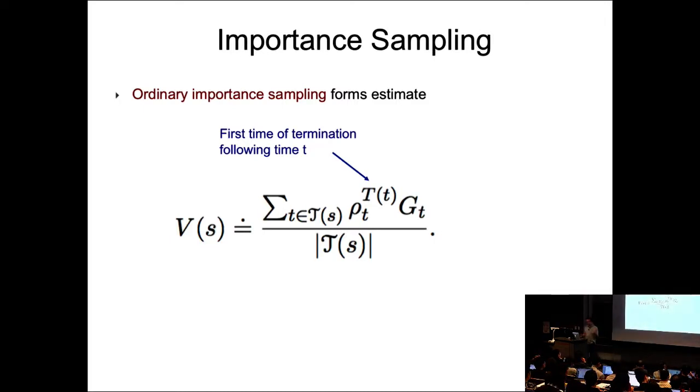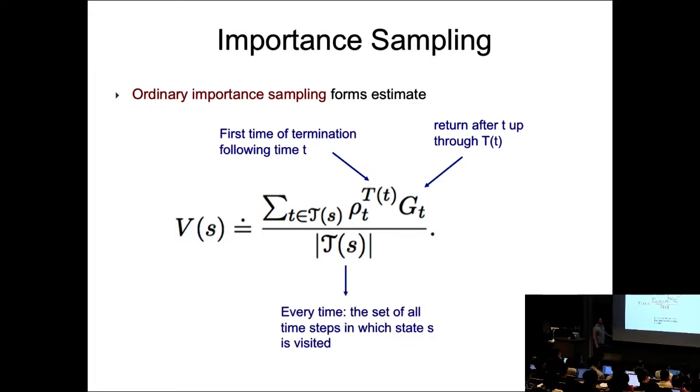And I'll show you what I mean by T sub S. The capital T here is the first time of termination following time t. You start at time t, at a particular state S, and you go up to capital T when the episode ends. The return after t, up to or through time T, is how much reward you're getting as you're executing that policy. And this is over every time: it's the set of all time steps in which state S is visited. Okay? Let me give you an example.